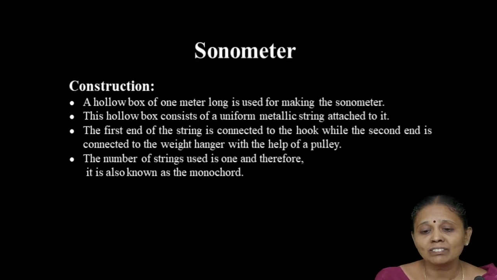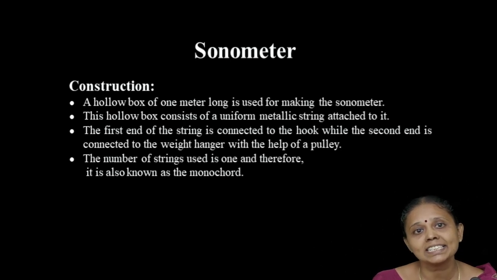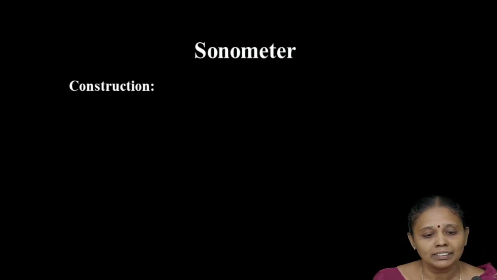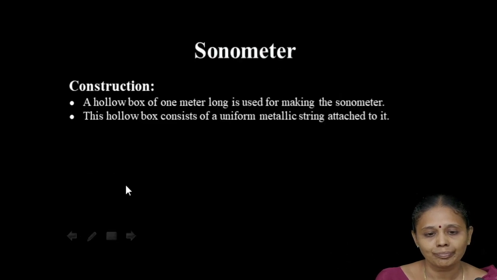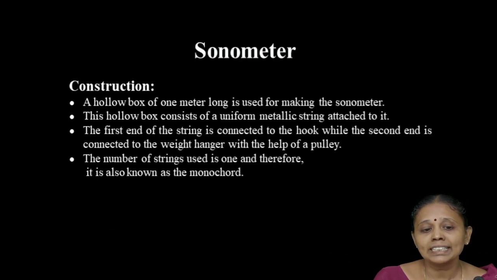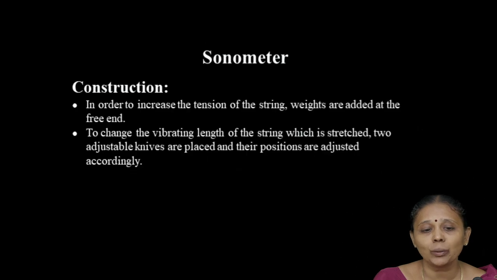The first end of the string is connected to the hook, whereas the second end is connected to the weight hanger with the help of a pulley. Only one string is used, and therefore it is also known as monochord. So these are the constructions behind sonometer.